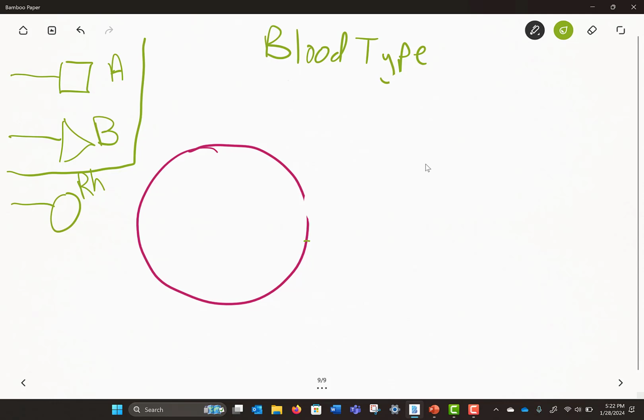And we see that there is no antigen A on their red blood cell surface. There is no antigen B on their red blood cell surface. So what we say is this person has 0 antigens. Another way to say that is this person is blood type 0.